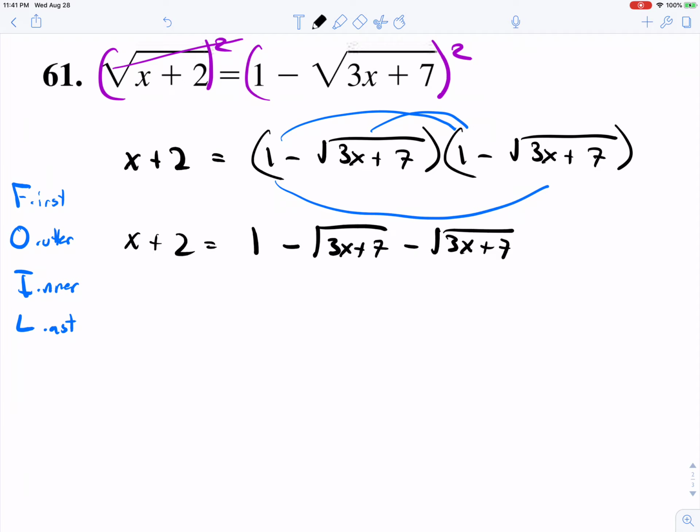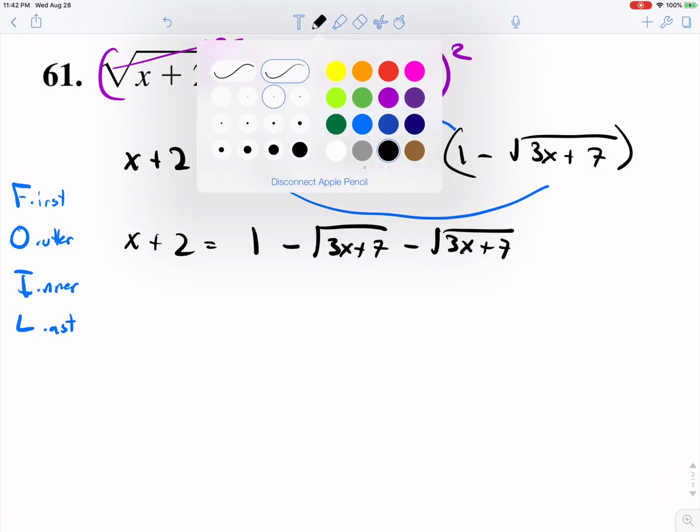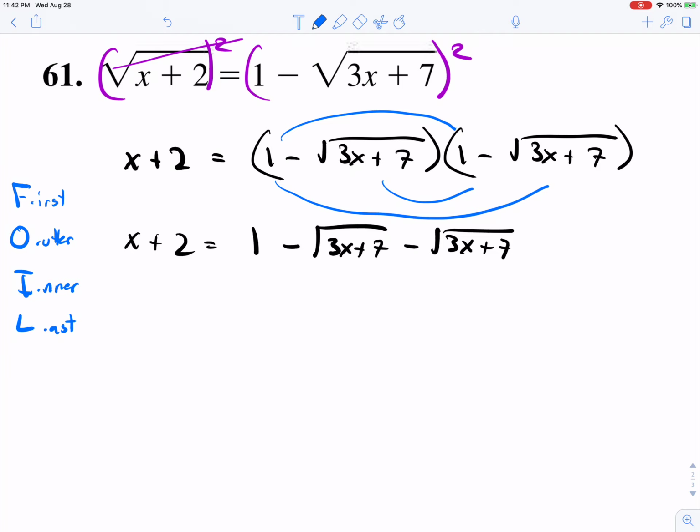And then last times last are these two, so it's going to be that thing squared, the square root of 3x plus 7.